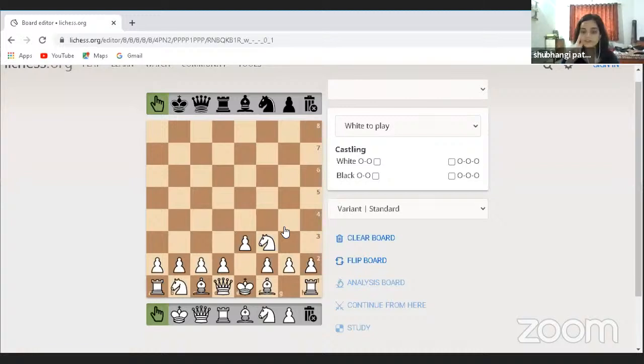So first write rook, R-O-O-K, in the first column, and in the second column you have to write R. Just a simple R. We use its short form as R. Then below that, write knight, K-N-I-G-H-T. And in the second column, you have to write N in front of it. We'll use N as the notation for knight.